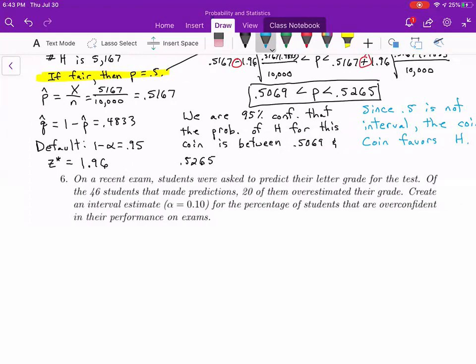Miku, is there something in this that indicates that? I know that 20 of them overestimated their grade, so that's 20 over 46 is P hat. Good, so you could get a proportion, but it's also asking for an interval estimate for the percentage of students. So percentage is another signal that you want an interval for P.